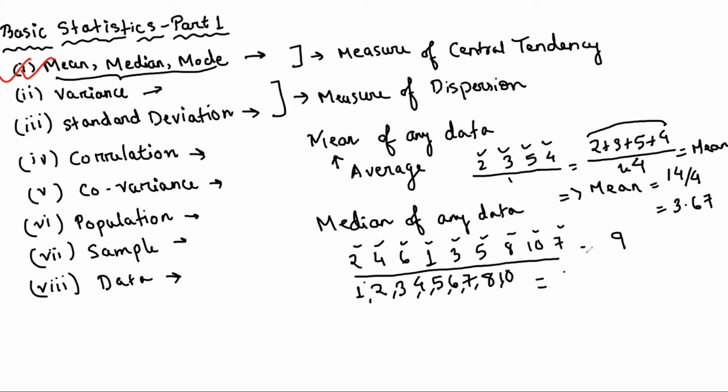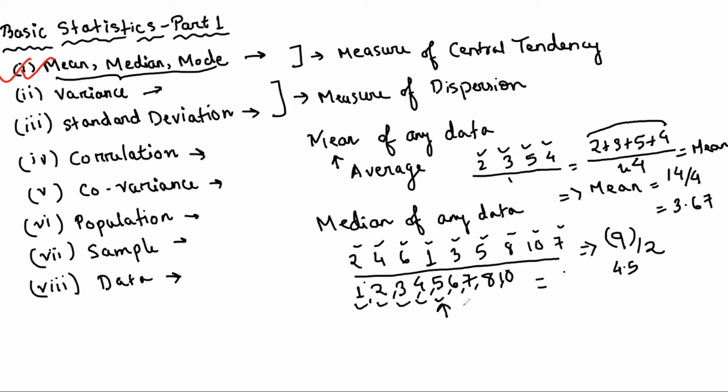In case it's odd, like 9, we divide 9 by 2. And how much do we find? It's 4.5, right? So in this case, our median will be 1, 2, 3, 4, 5.